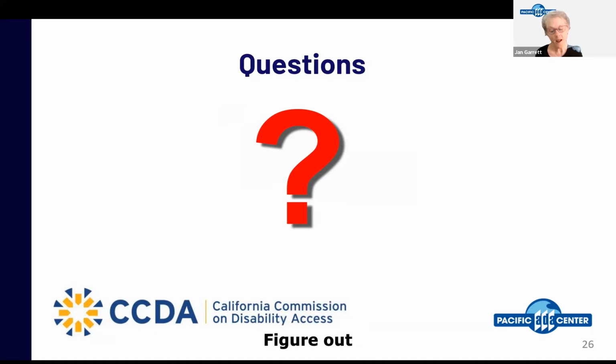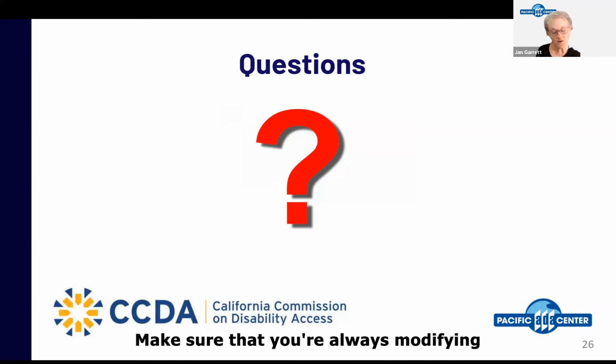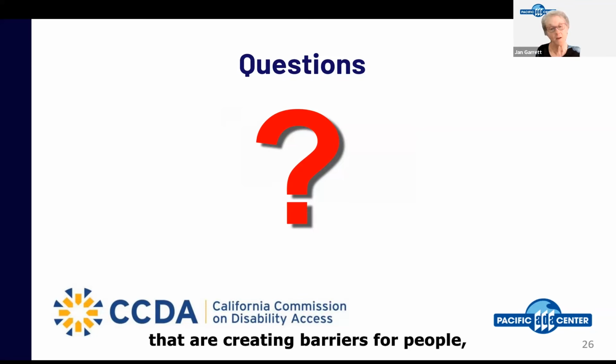So figure out, how can you share that with the person who has the vision disability, but also how can you share information that they need to give to you with whoever else needs to know that information? And make sure that you're always modifying any policies and procedures that you have that are creating barriers for people, because that is something that the ADA does require as well.